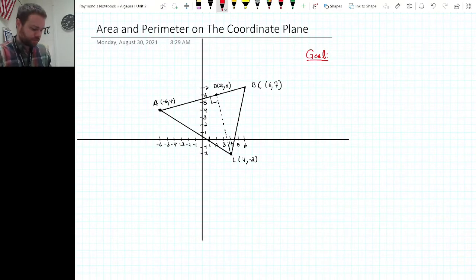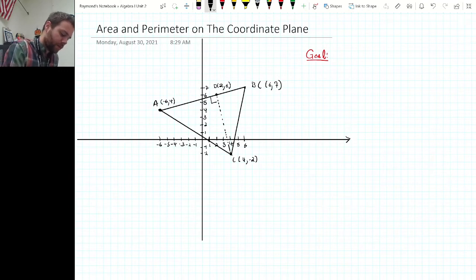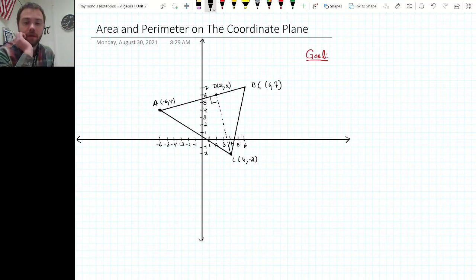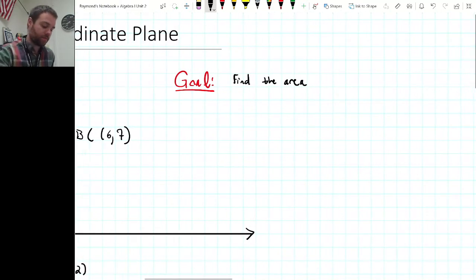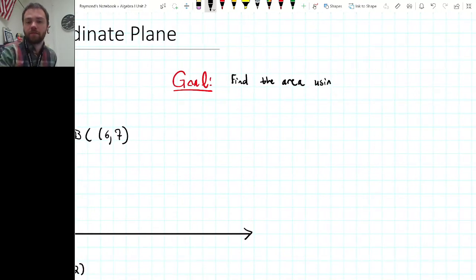So you'll see you've got an XY coordinate plane here. What you should notice is that the points are clearly defined, and we want to lay out a goal for you. The goal in this example is to find the area using the distance formula.